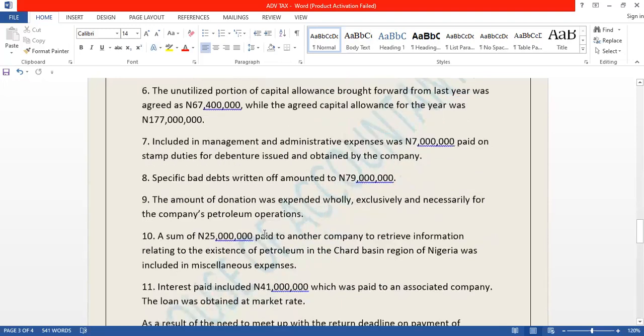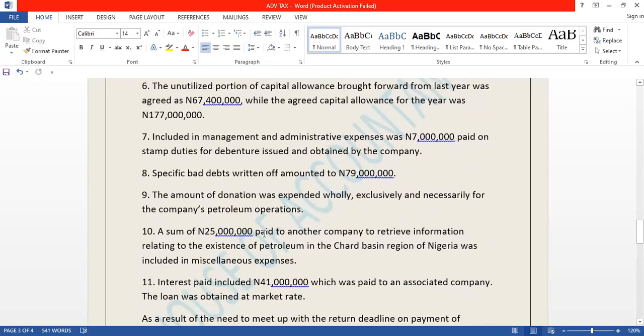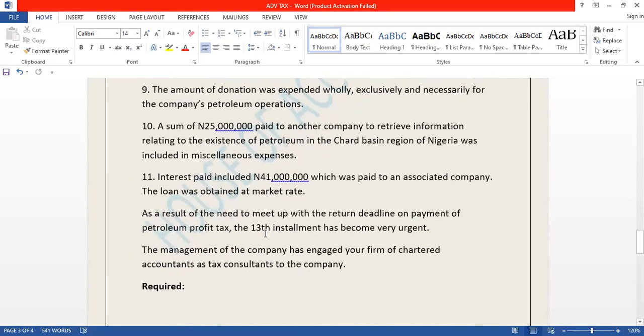7. Included in management and administrative expenses was 7 million naira paid on stamp duty for the venture issued and obtained by the company. 8. Specific bad debts written off amounted to 79 million naira. 9. The amount of donation was expended wholly, exclusively and necessarily for the company's petroleum operation. 10.